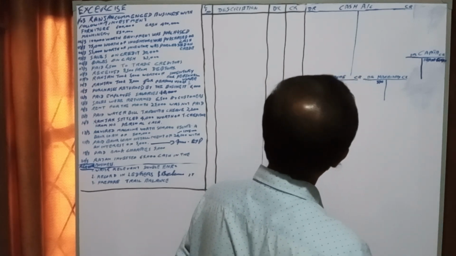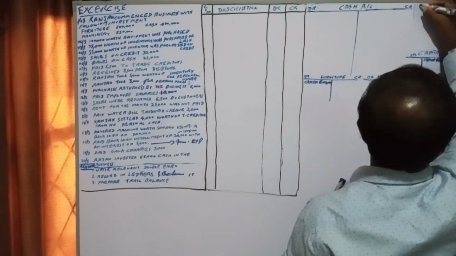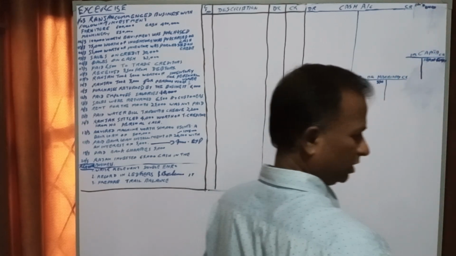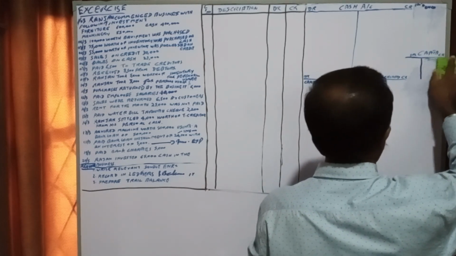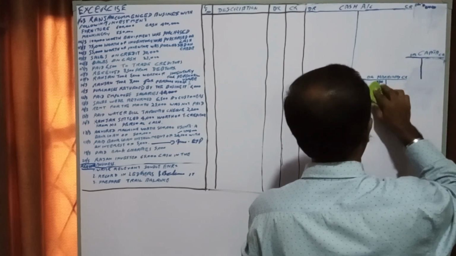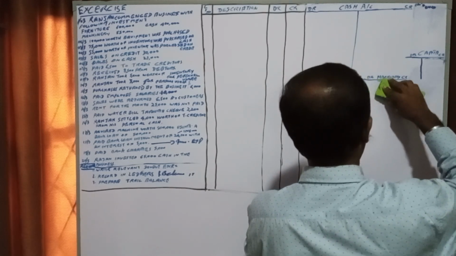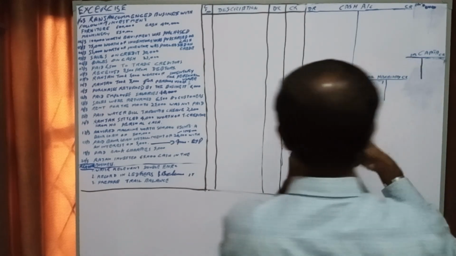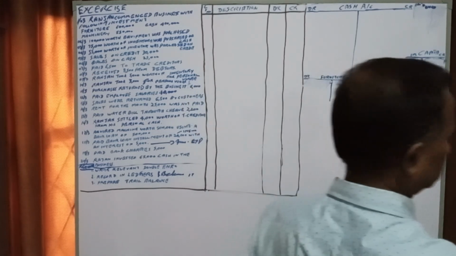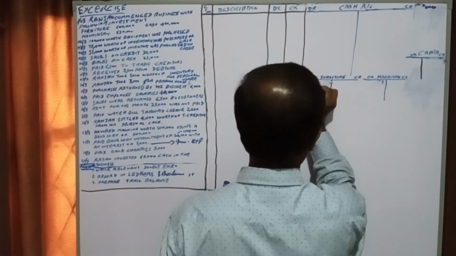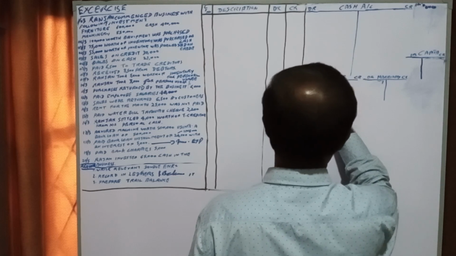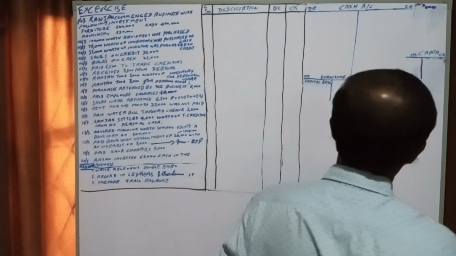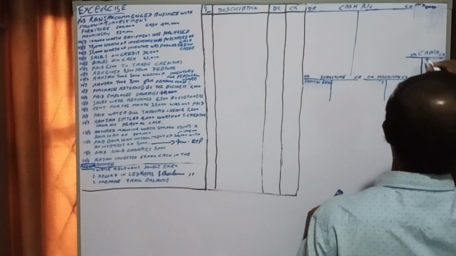I am putting the figures in thousands, so utilization of space will be less. Furniture 600,000, capital 600,000.